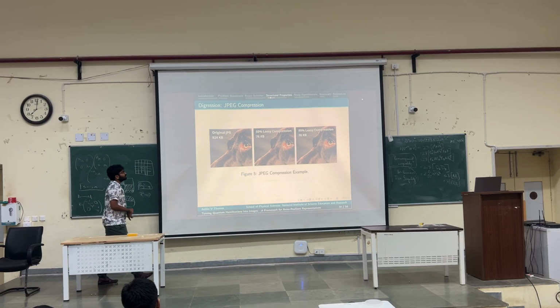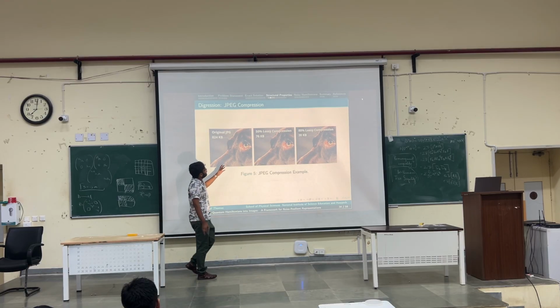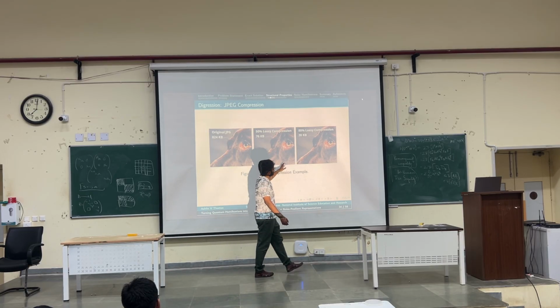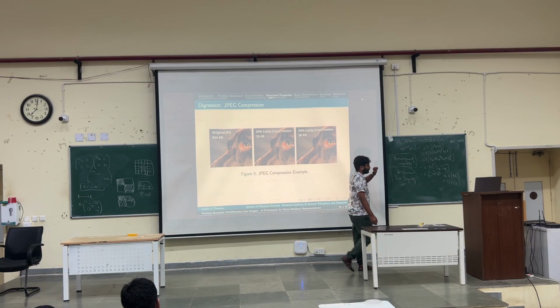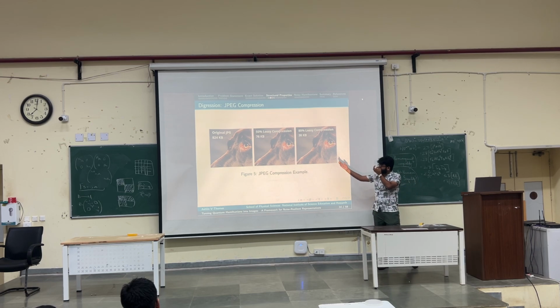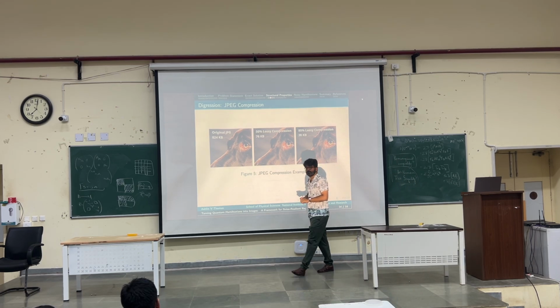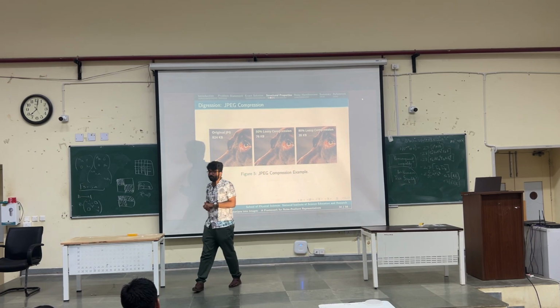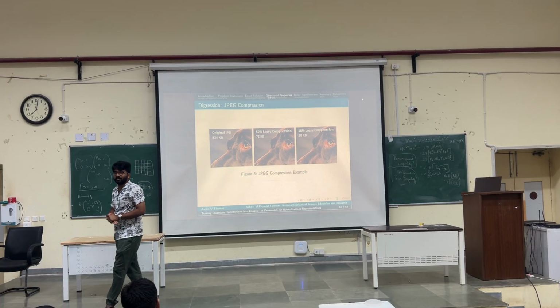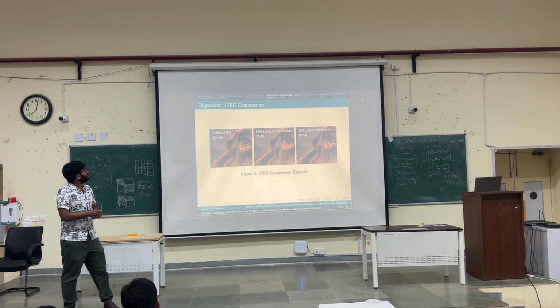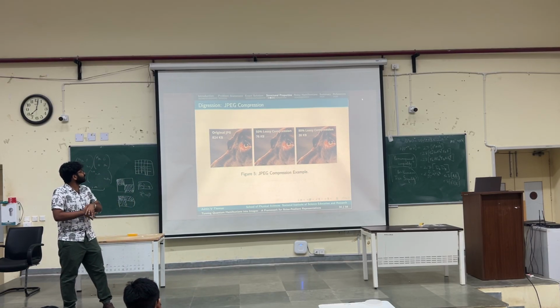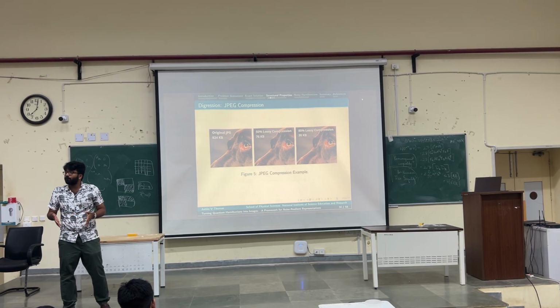This is the same image with 50% lossy compression and 80% lossy compression. Can you identify some difference between these three images? They all look the same, but they are compressed. The first image has a size of 824 kilobytes, and the last image is just 38 kilobytes. That means you have lost almost 90% of your information.